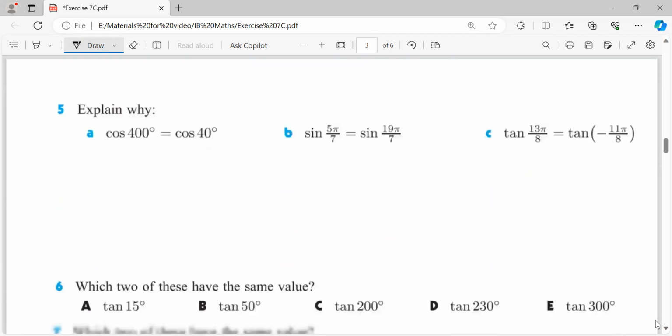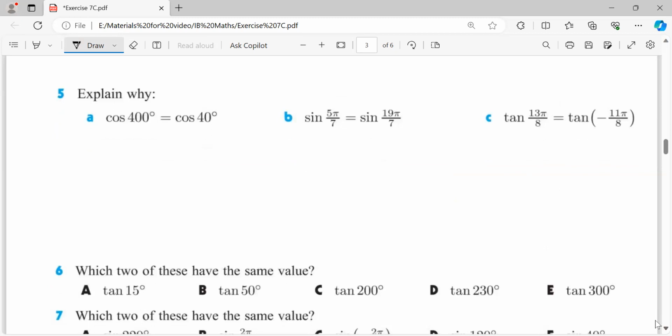Next, number 5. Explain why cosine 400 equals cosine 40.